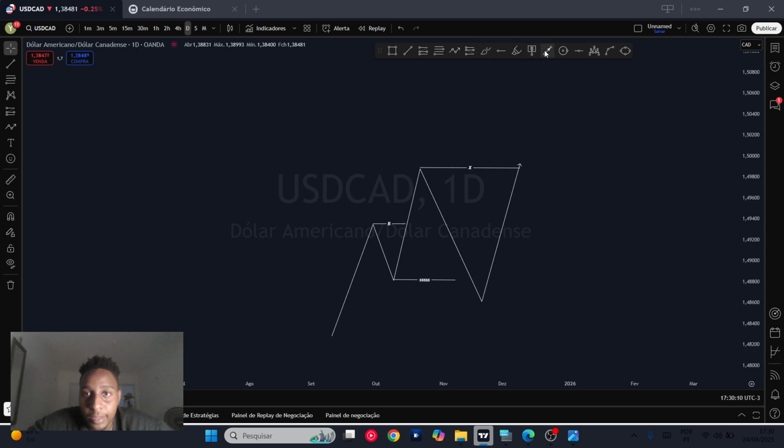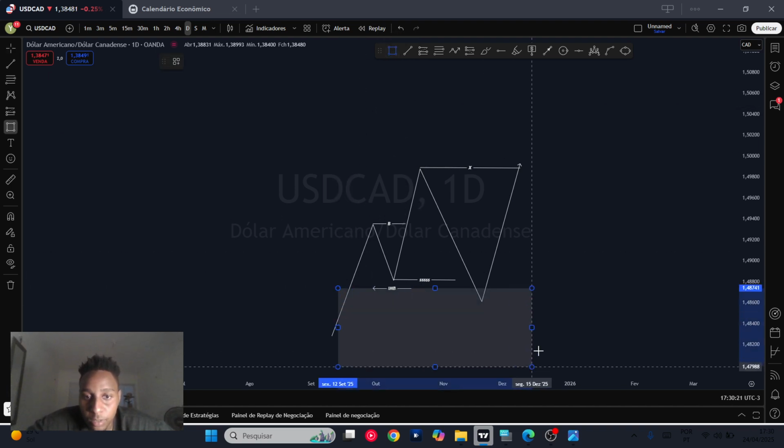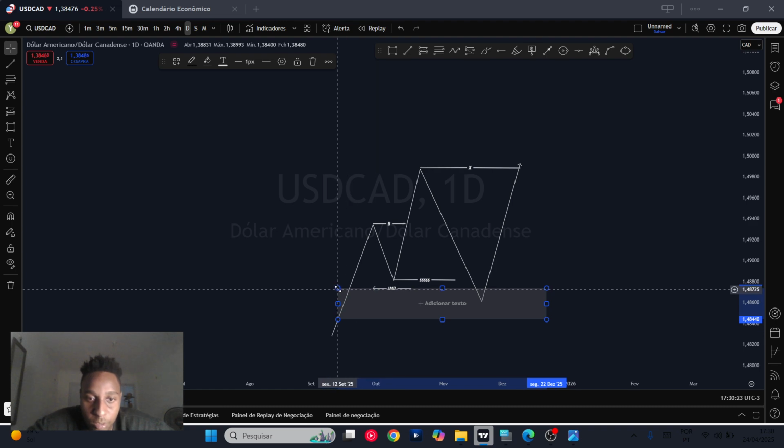An imbalance here around this zone right here below the liquidity, and obviously our entry block, our demand or order block or something like that.